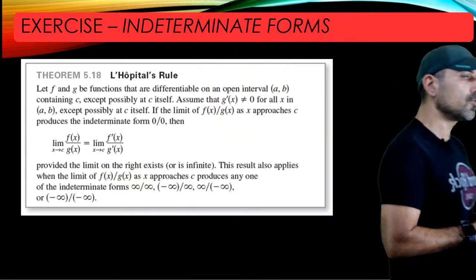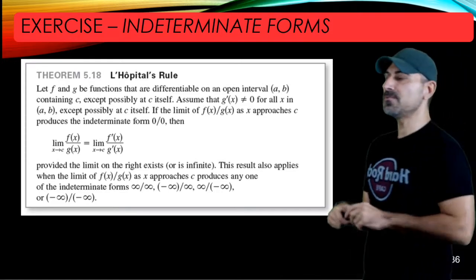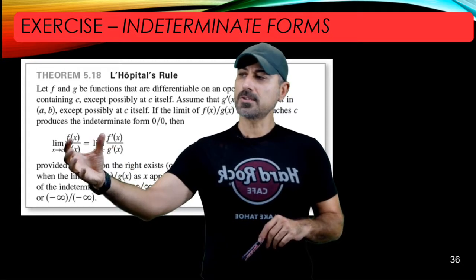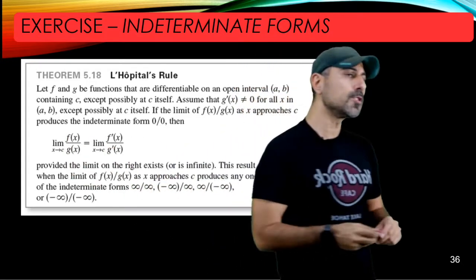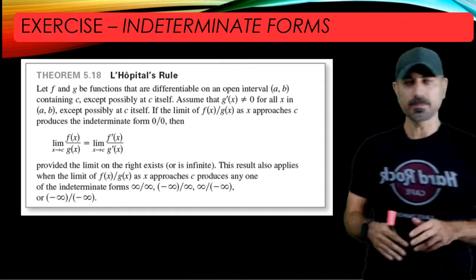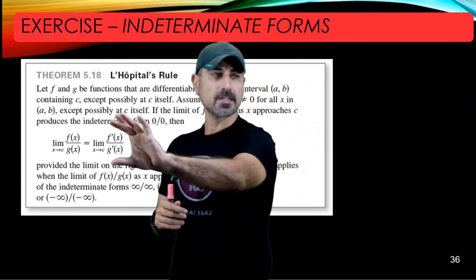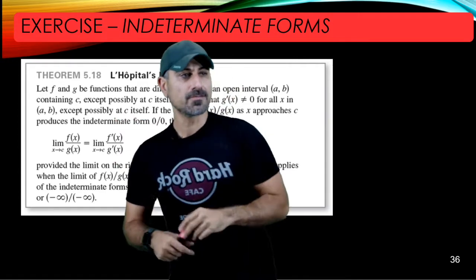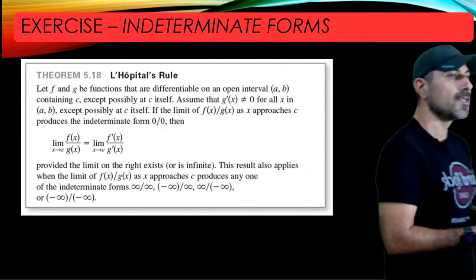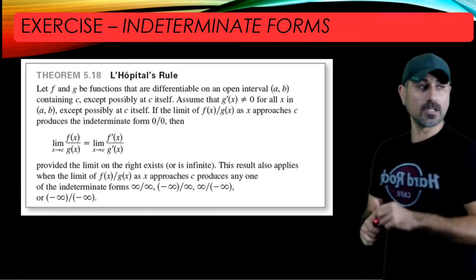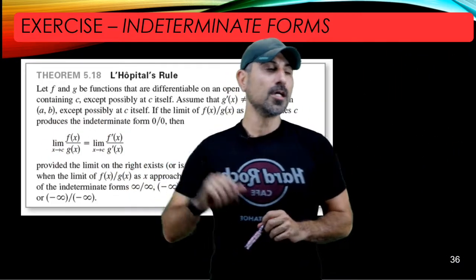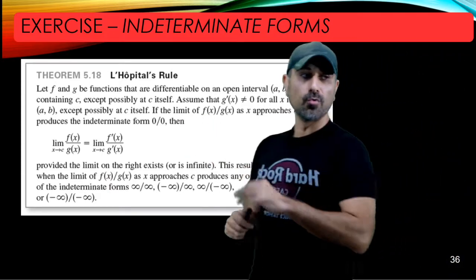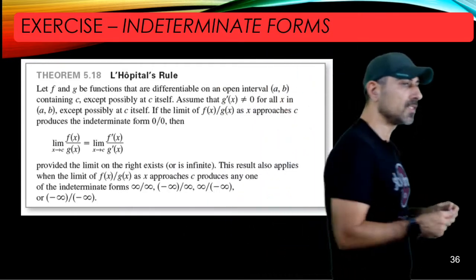In other words, when you have an indeterminate form of 0 over 0, you can look at the individual derivatives of the top and the bottom, and that's a brand new quotient, and then you can pass the limit for this brand new quotient. If the limit exists, then the limit of the original function, which is f over g, is the same as the limit of f prime over g prime as x approaches c.